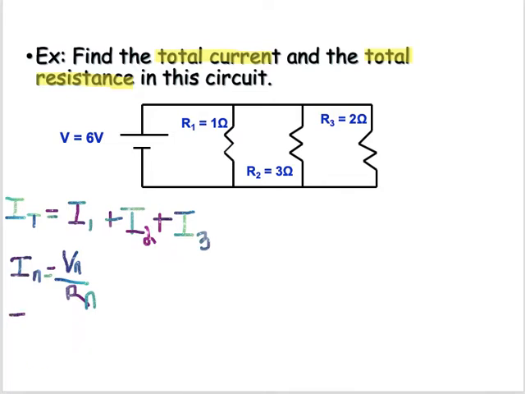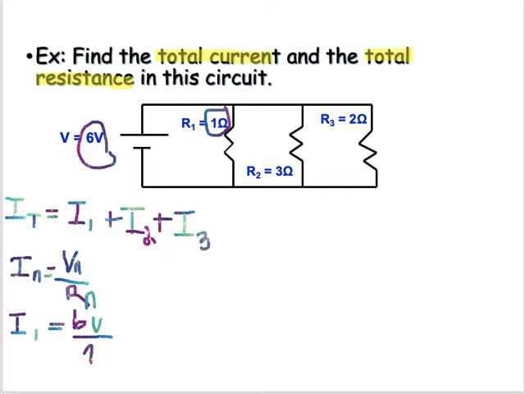So we have I1, and then let's look here to find our voltage at 1. Remember, because this is a parallel circuit, the voltage is going to be the same at each branch. So that means you're going to have 6 volts divided by the resistance at resistor 1.